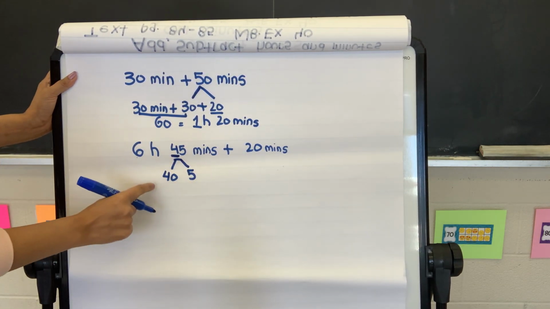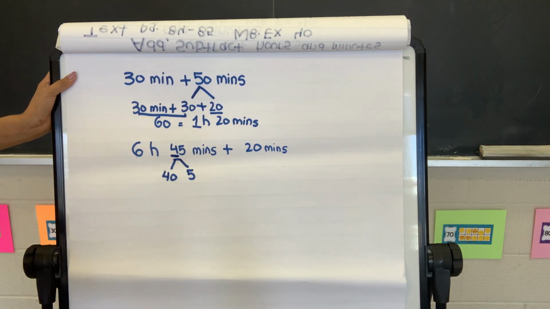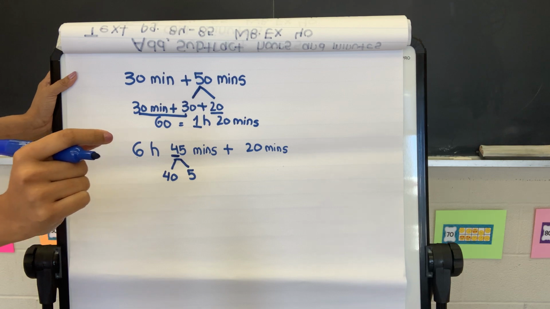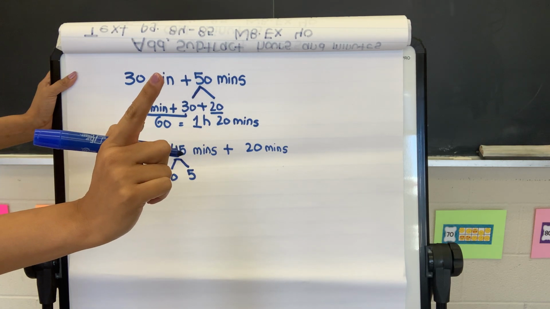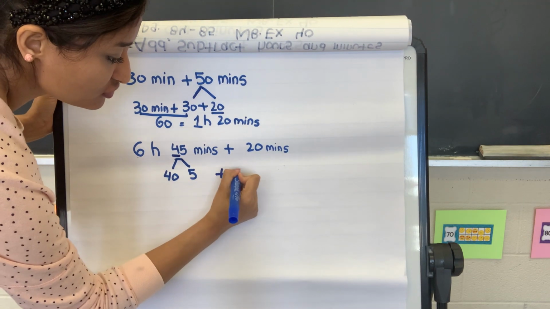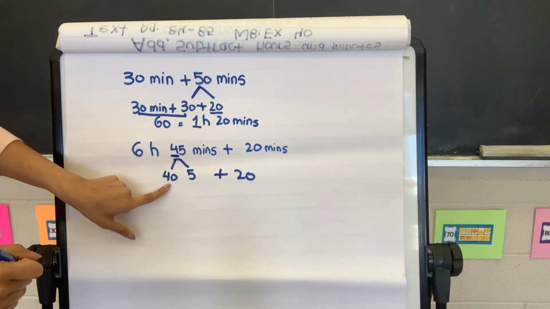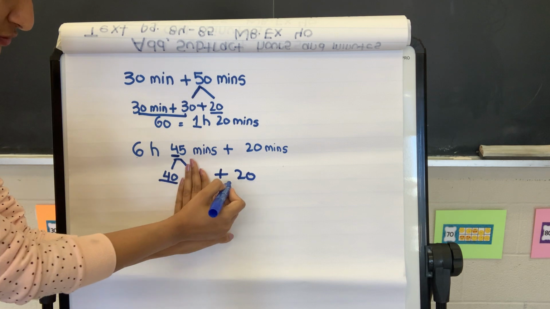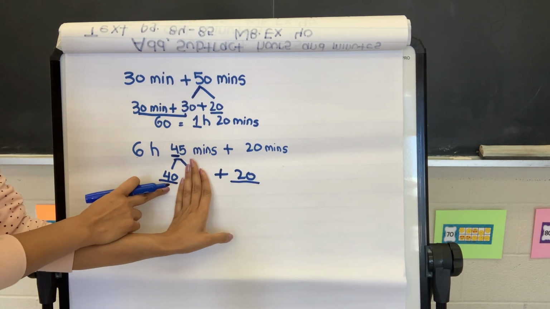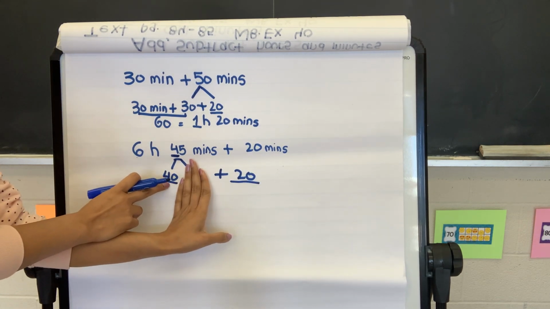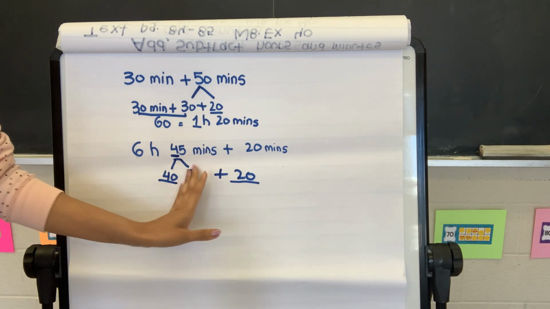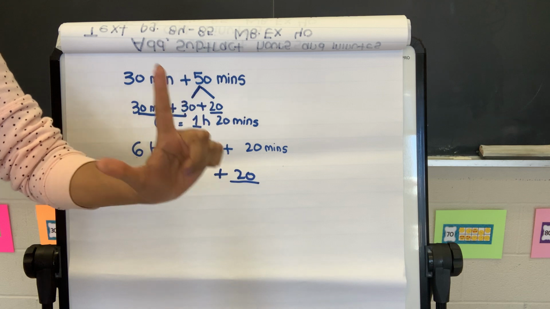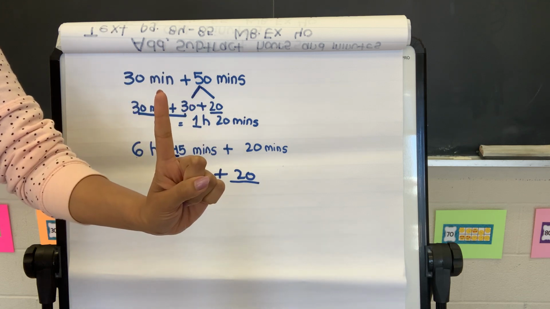So in 40, if I add 20, that is going to give me 60, which means it is 1 hour. I'm not going to touch my 5 yet, I'm only going to touch my 10s. So 40 plus 20: 40, 50, and 60. And that means 60 minutes make an hour.